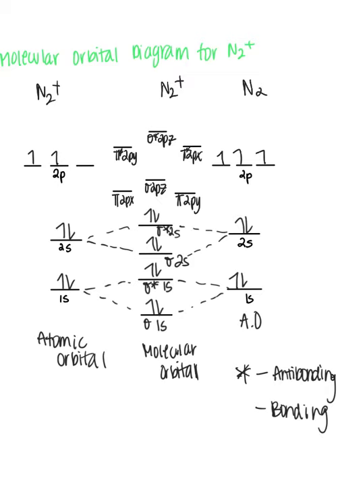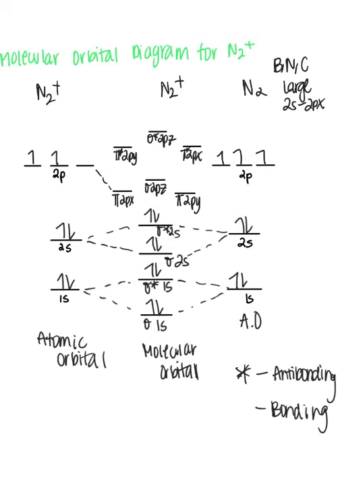We're starting with the pi because we know that for boron, nitrogen, and carbon, there's going to be a larger bond interaction between the 2s and the 2px orbitals. So that's why we start with the 2px on the bottom.